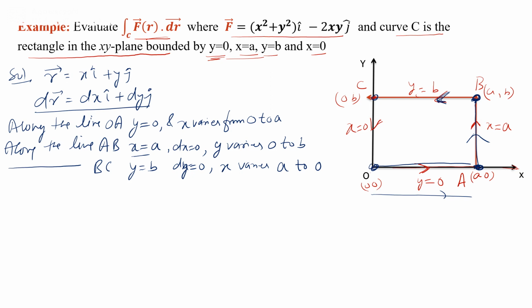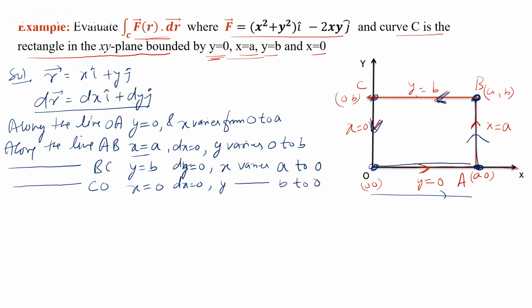Similarly along the line CO, here x is equal to 0, dx is equal to 0, and y varies from b to 0.